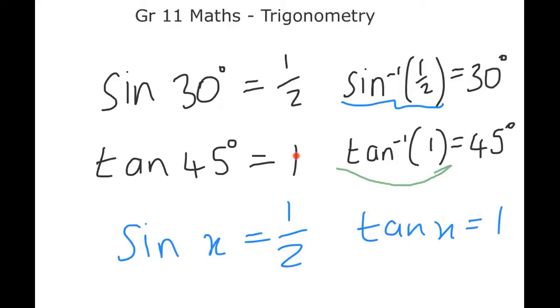But if you have the integer and it says sin of something is the integer, what you have to work out is the angle. The inverse of sin half is 30 degrees, so the integer goes here, and the inverse of tan of 1 is 45 degrees.